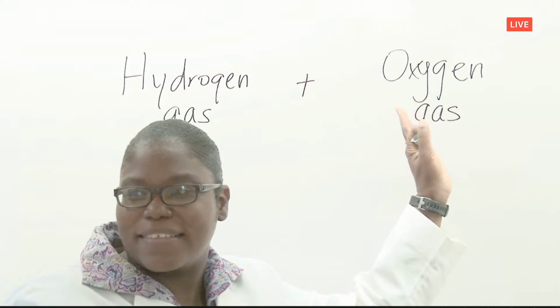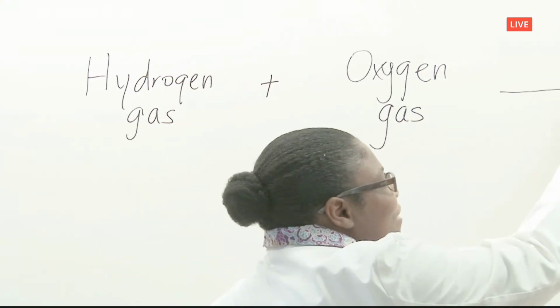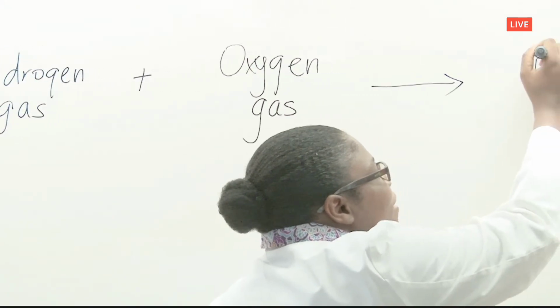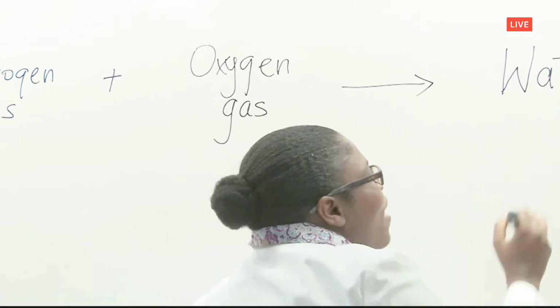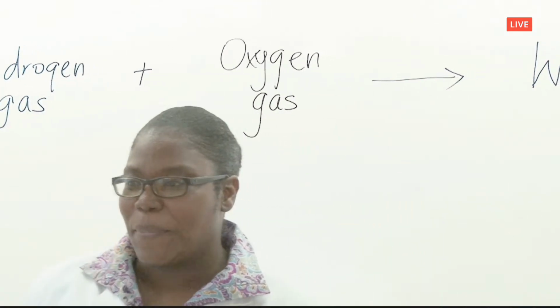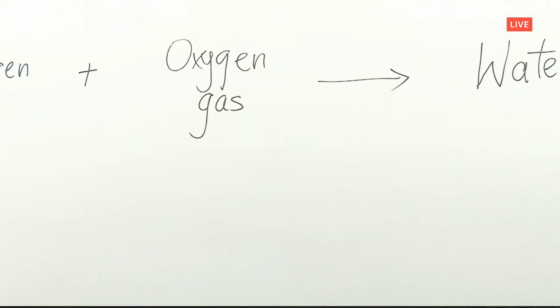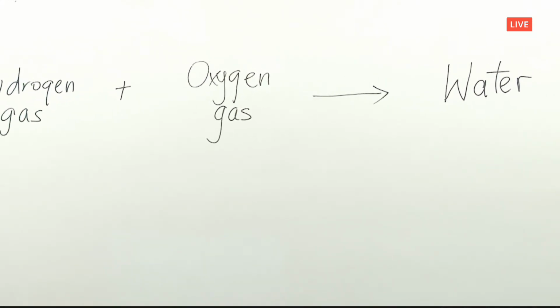Those are my 2 reactants. What should follow? The arrow. Good. And what is the product? Water. We got water. Great. So we have our worded equation.